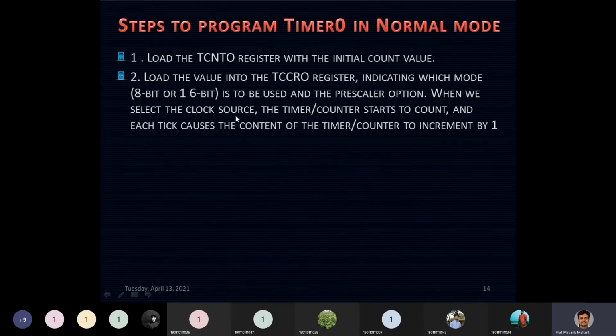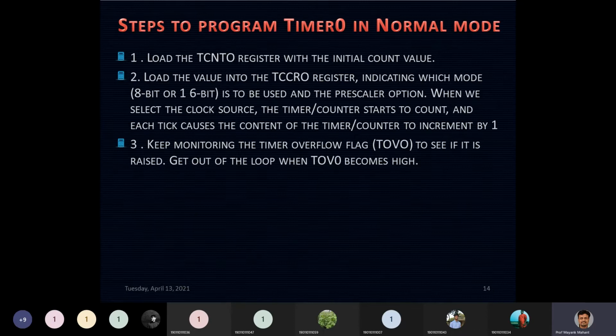As soon as we select the clock source by loading the value in TCCR0 with the prescaler option, the timer will start, and at each tick it will increment the content of your timer by 1.